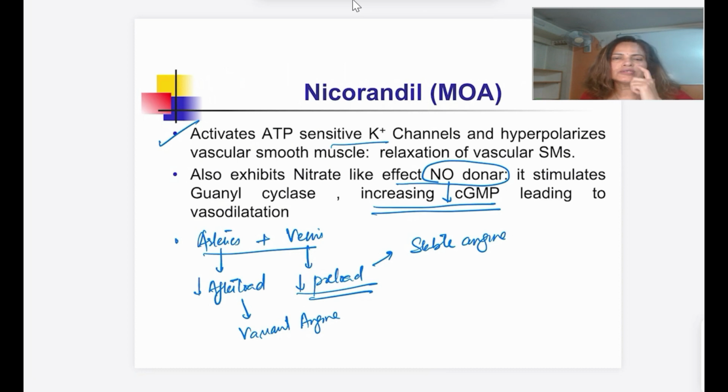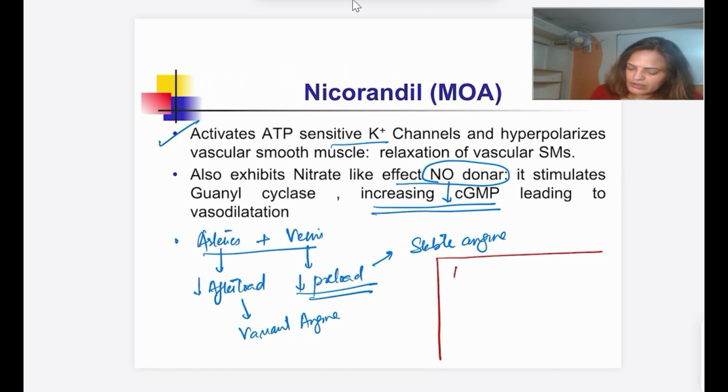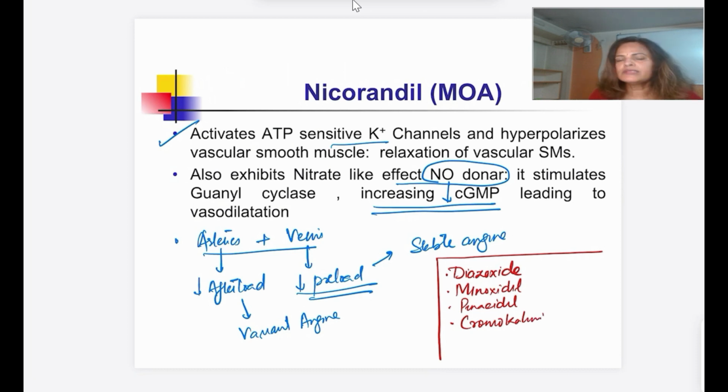So what are the other potassium channel openers apart from Nicorandil? We have a few other drugs which are potassium channel openers. Earlier I told about the sulfonylureas, which are closers. The openers are diazoxide, minoxidil, pinacidil, cromakalim, and this Nicorandil.